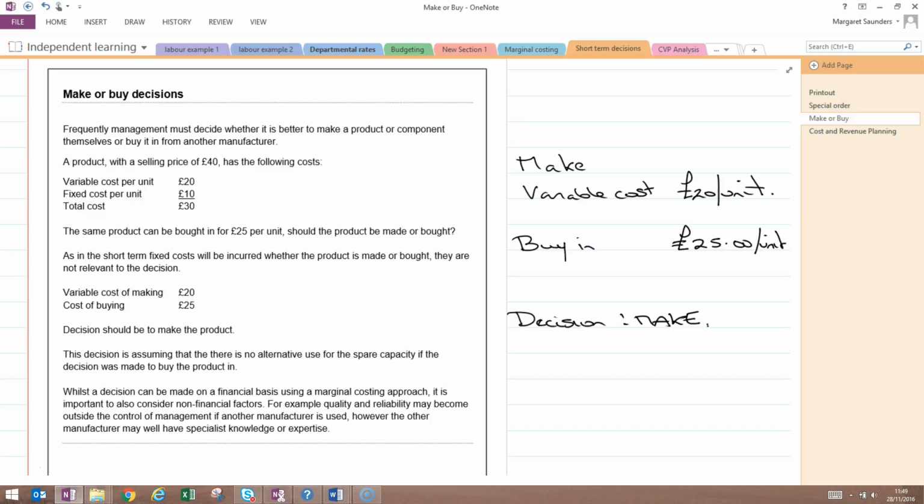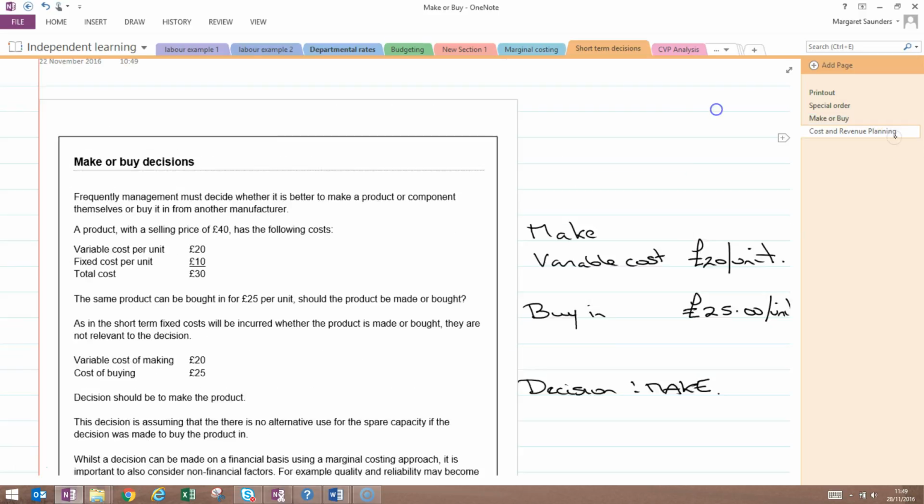So now we'll move on to the third decision. This is cost and revenue planning.